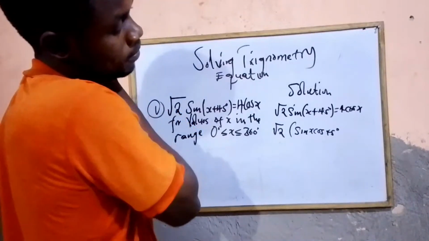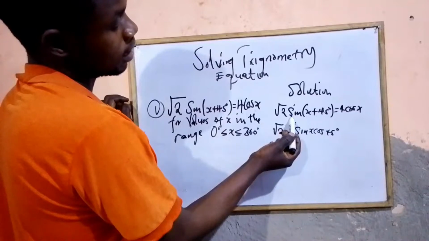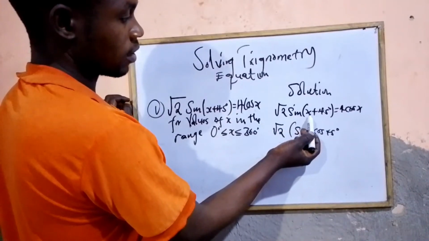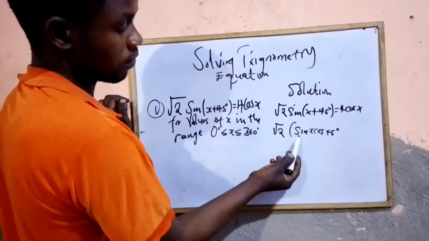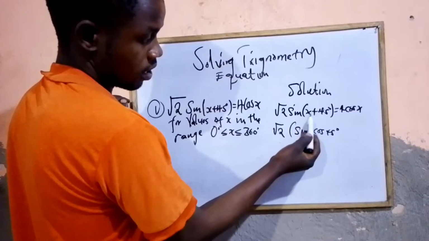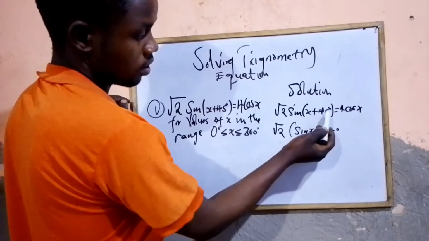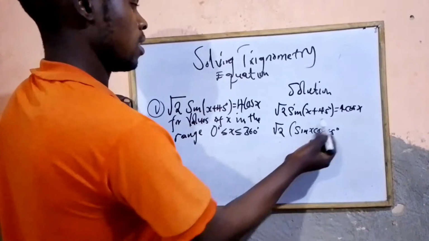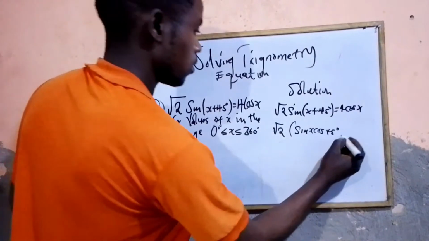When you are multiplying sine with something in brackets, sine gets the first variable, x, then cos gets the second figure, 45, and we add.